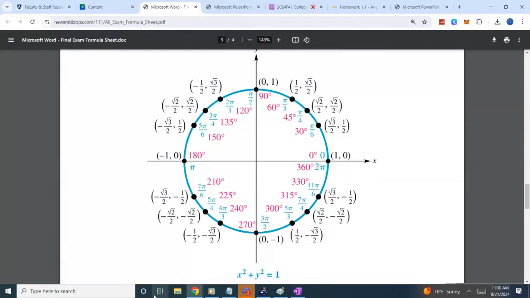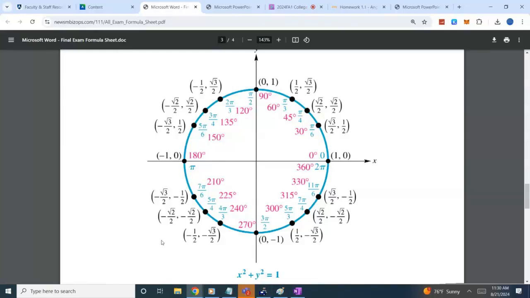But if this were a negative angle, it would be what? Negative 30. This will be what? Negative 45, negative 60, negative 90, and so on and so forth. Now, there are a couple problems in that first homework set that deal with negative angles. So just keep in mind that negative angles are rotated clockwise.